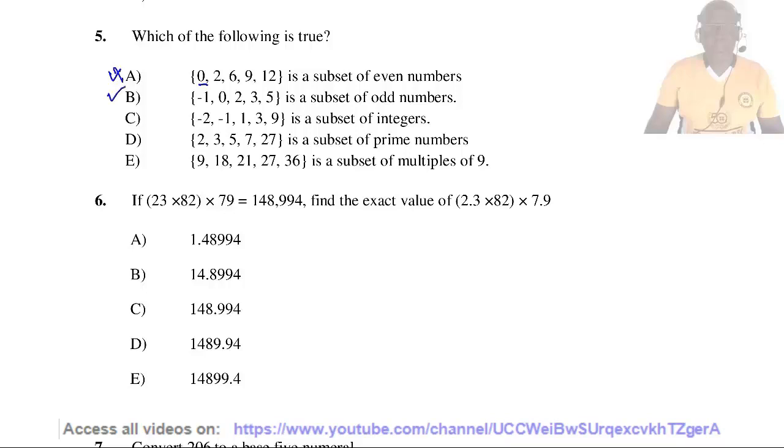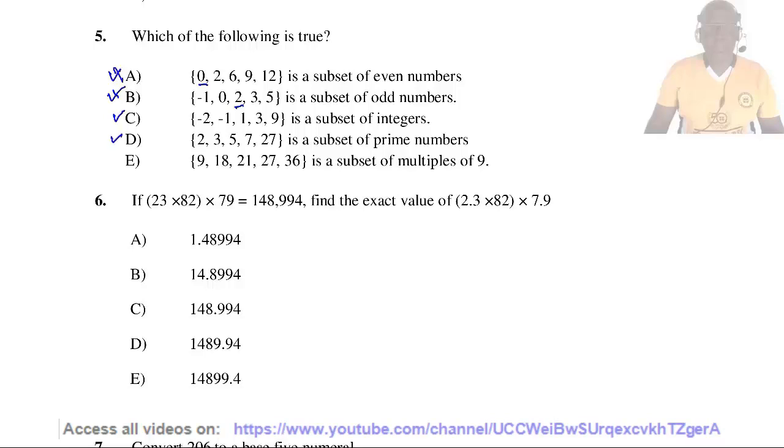B. Minus 1, 0, 2, 3, 5 is a subset of odd numbers. 2 is not an odd number, so B is wrong. C. Minus 2, minus 1, 1, 3, 9 is a subset of integers. C is right.